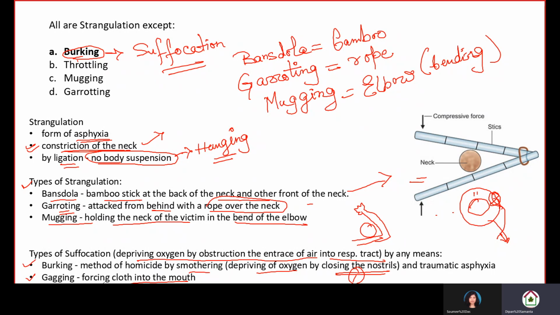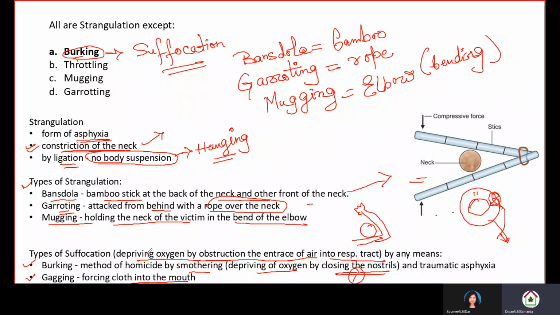Due to food choking, the person died, or any foreign object introduced between the pharynx and tracheal bifurcation leads to choking. We don't call that gagging or barking, because barking is closing the nostril.